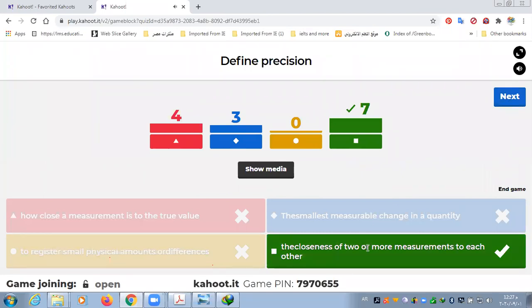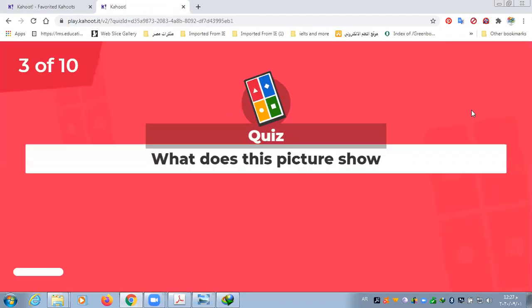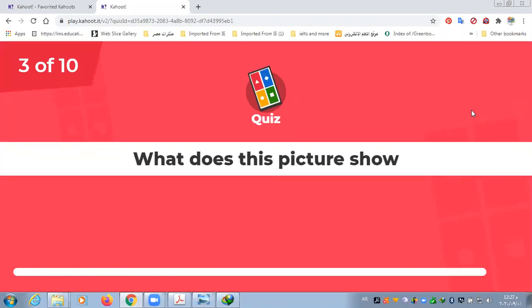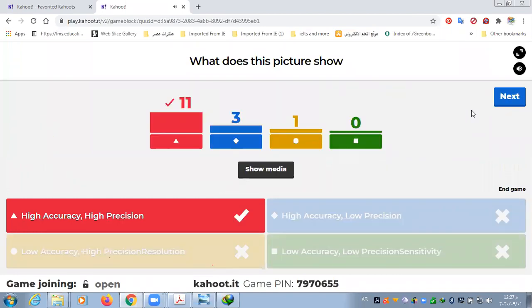The closeness of two or more measurements to each other. Okay, high accuracy, high precision.